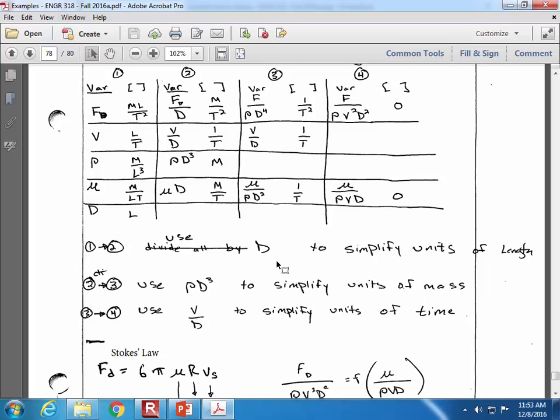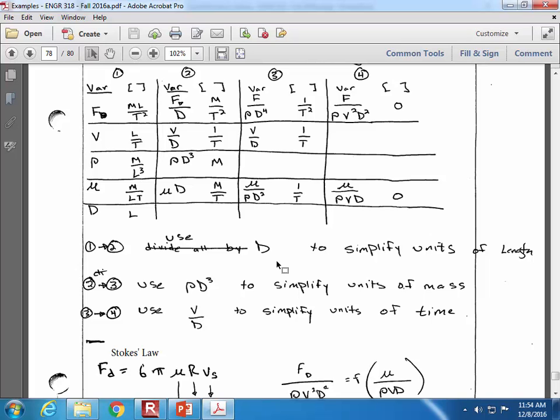We can use these to tell us what is the formula. So I'm going to solve for F. I've set these two pi groups equal to each other, and if I solve for F, what I'm left with is that F is density, velocity squared, diameter squared times the viscosity divided by density, velocity, diameter.